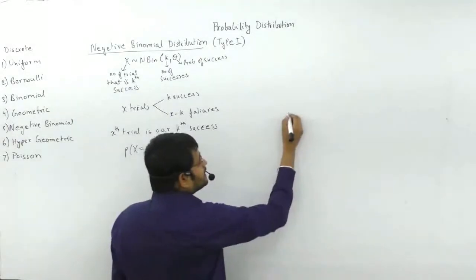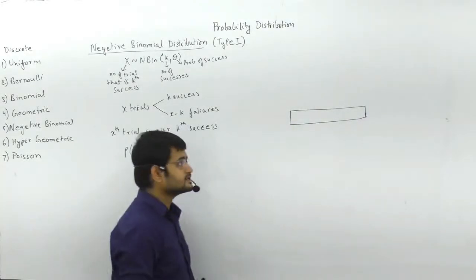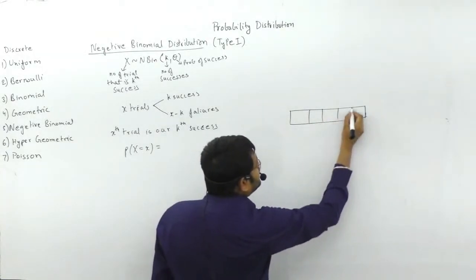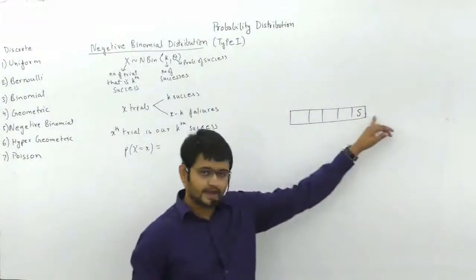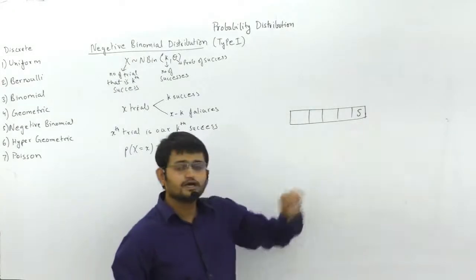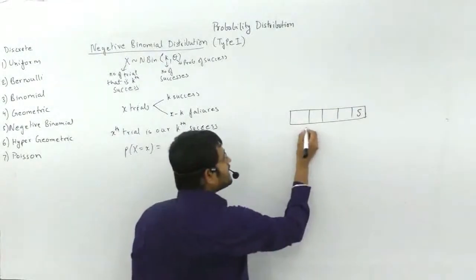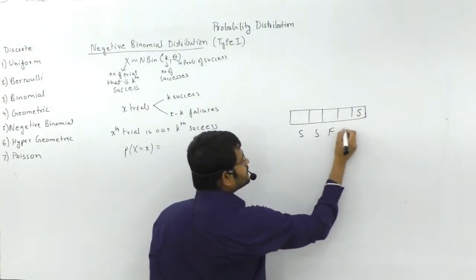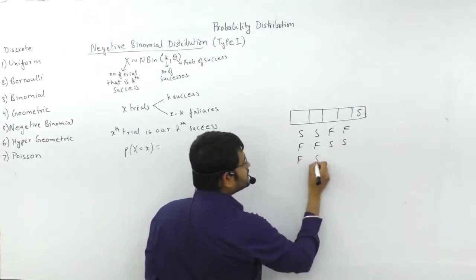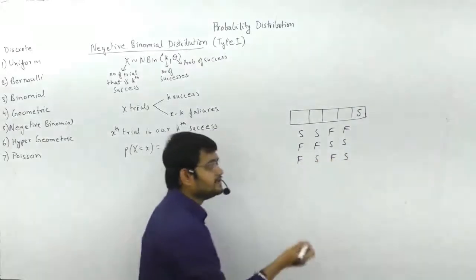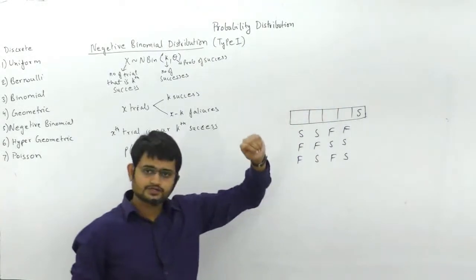Now here, if I assume that my 5th trial is my 3rd success, then this position is known: my 5th trial is definitely a success and it is the 3rd success. But what about these 4 positions? I can have success, success, then failure, failure, or failure, failure, success, success, or failure, success, failure, success, or any form. Any of these 4 trials can hold my 2 successes.